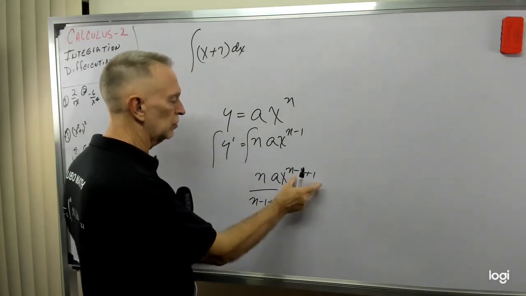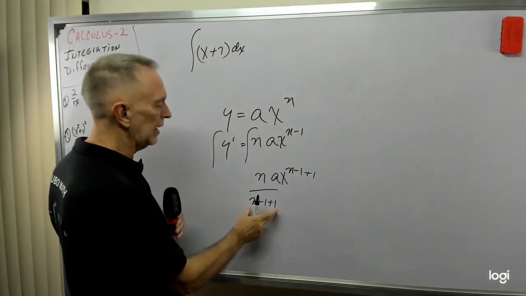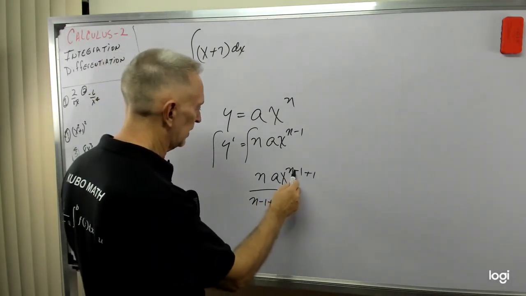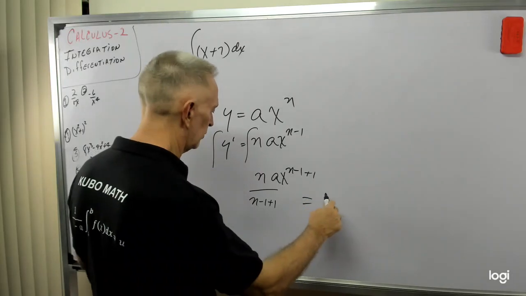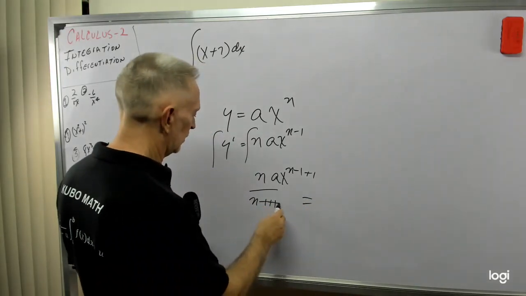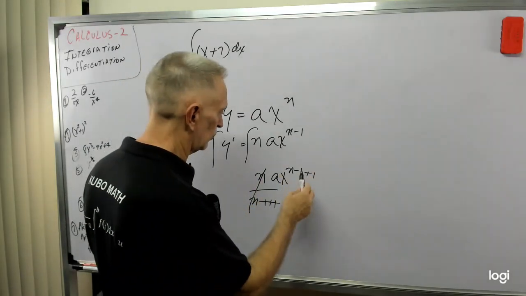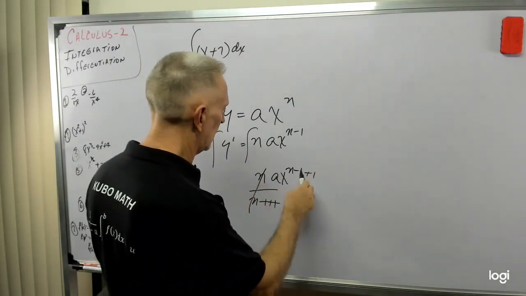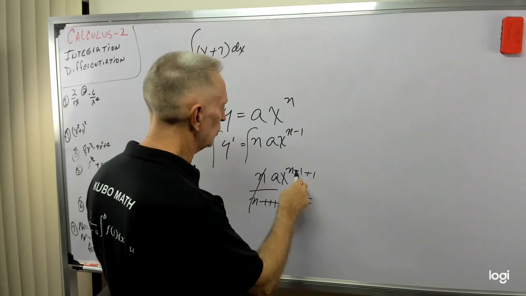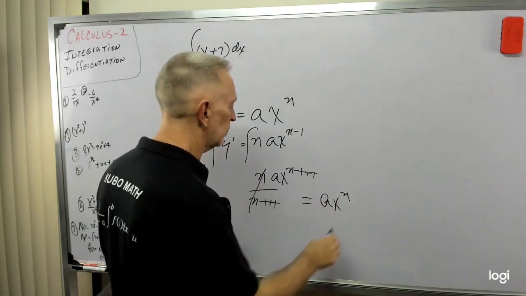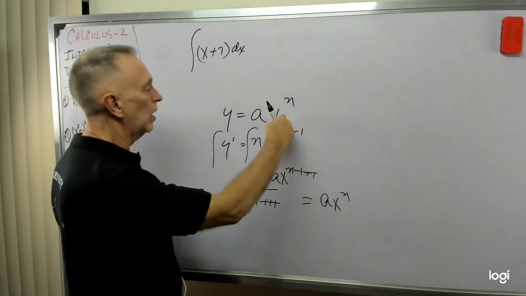Well, n minus 1 plus 1 gives me n. So n divided by n goes away, it's 1. 1 times n minus 1 plus 1, that's n. So I end up with the original function, which is what I wanted.